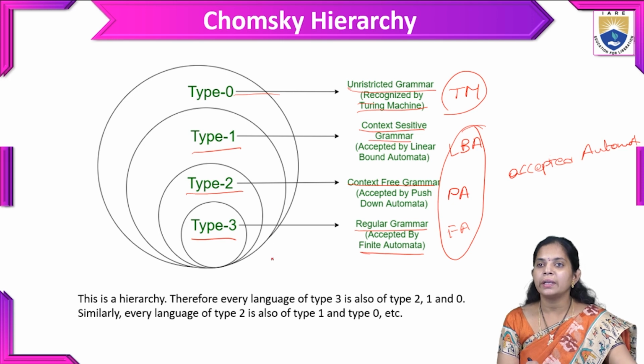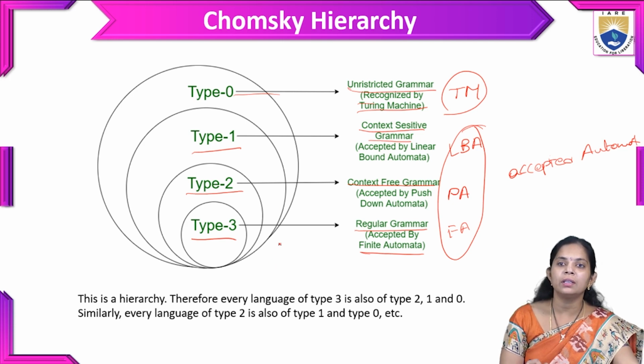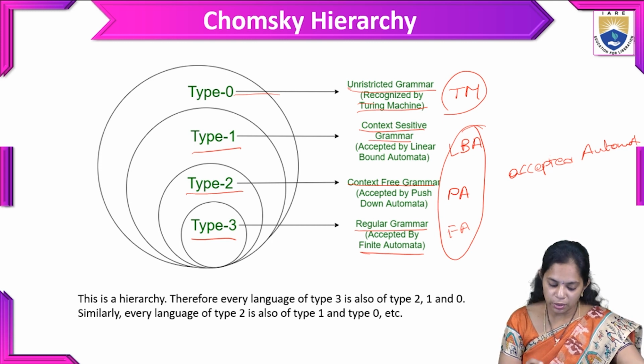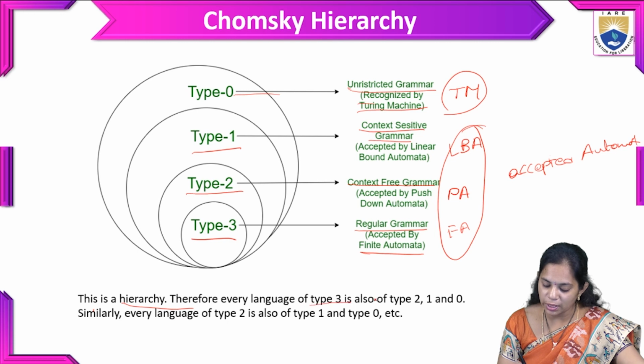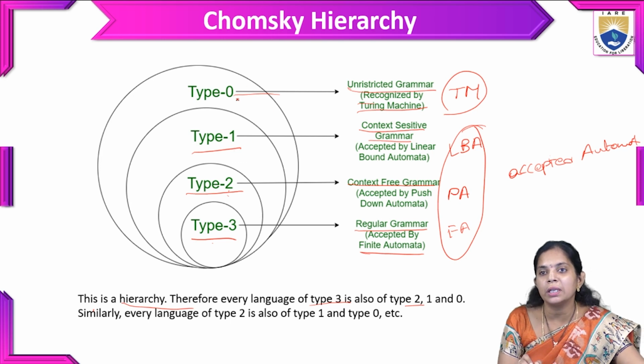This is the hierarchy and diagrammatic representation of all the languages in the theory of computation. Therefore, every language of type 3 is also a type 2. Type 3 is a subset of type 2, type 2 is a subset of type 1, and type 1 is a subset of type 0.